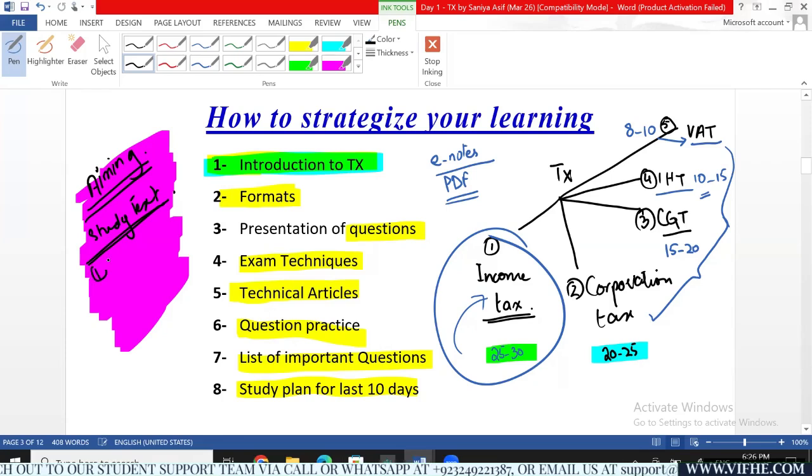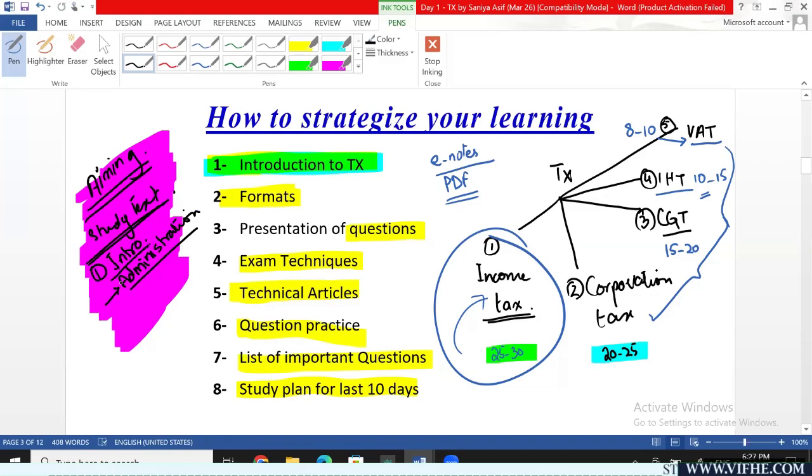It's chapter number 1, the introduction of taxes, and then the chapters which are related to administration aspects, as in the self-assessment rules related to income taxes, then the rules related to how and when the corporation tax liabilities are to be paid, when the CGT liability is to be paid, which forms, which deadlines we have to follow.